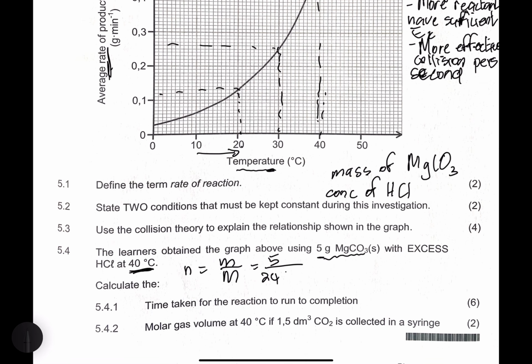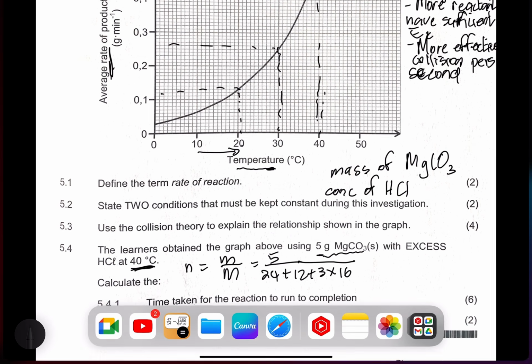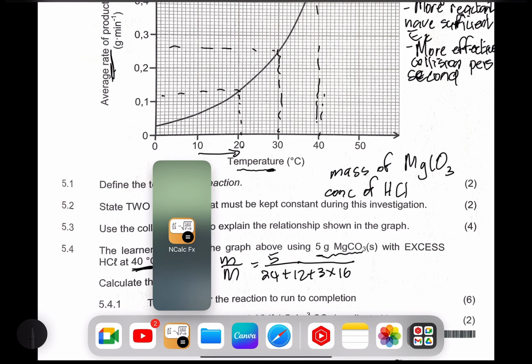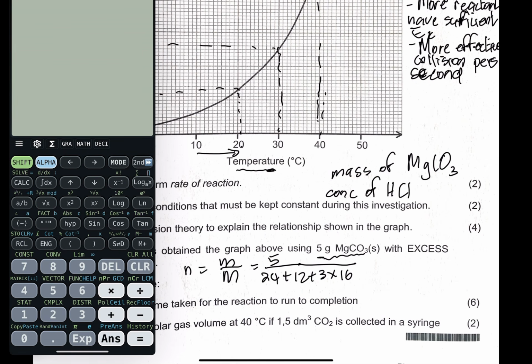So this is 24 plus carbon, which is 12, plus 3 times 16. I should have my calculator somewhere there. Right. So we're going to say 5 divided by, I'm going to just put that in brackets, 24 plus 12 plus 3 times 16. I get a value of 0.06.